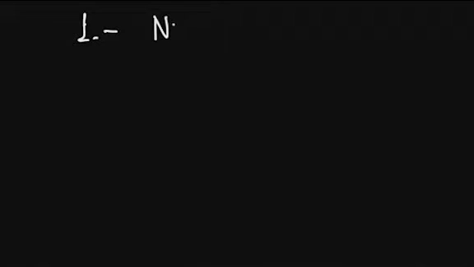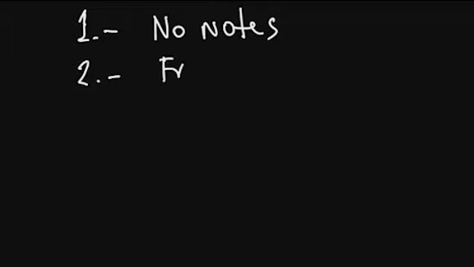For example, you don't write anything down, so we call it no notes. That's option number 1. Option number 2, you write factual information. Option number 3, you have many participants.